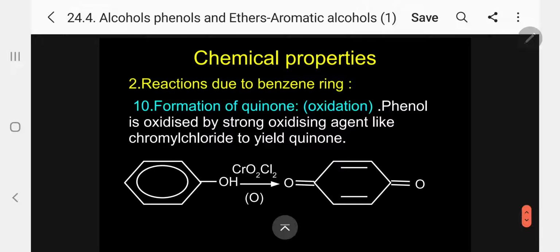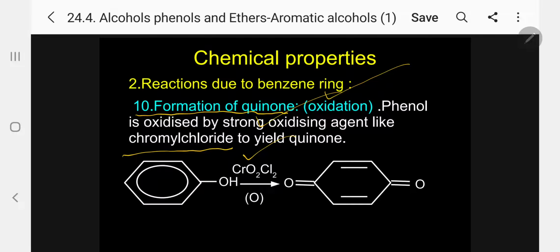Next, another most important reaction is the formation of quinone, that is oxidation. Phenol is oxidized by a strong oxidizing agent like chromyl chloride, CrO2Cl2, to yield quinone.